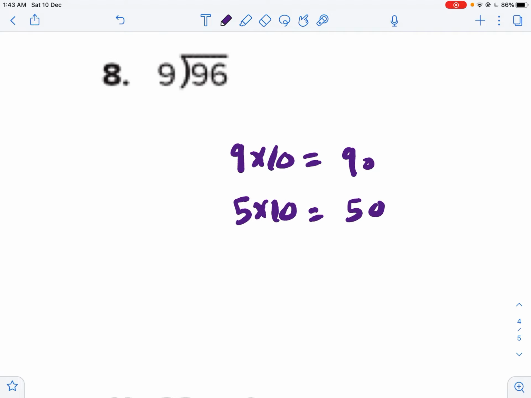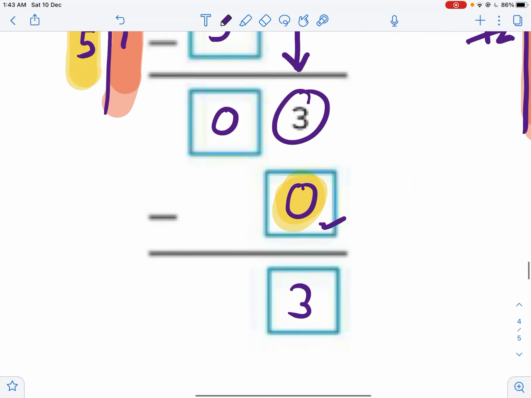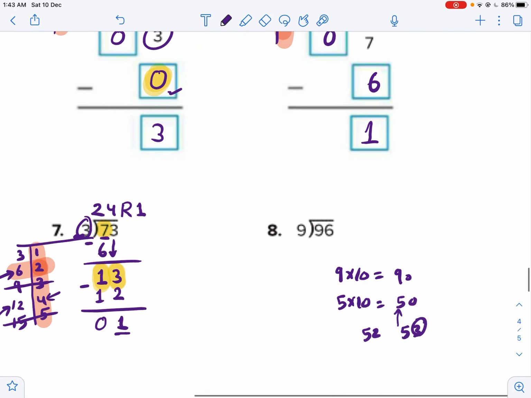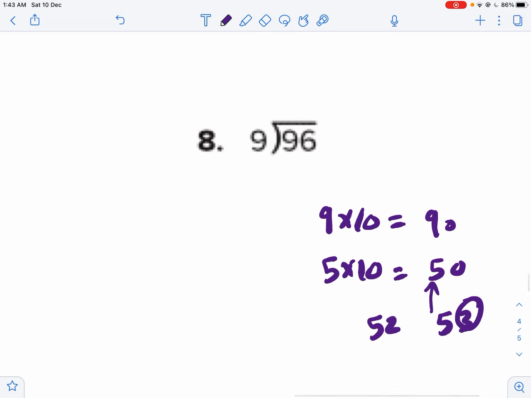So if we have numbers like that, 52, 53, a number that is a multiple of 50, and you have some small number next to it, just like here we had 53, and this time we have 96. So here's a number that is smaller than the 9.